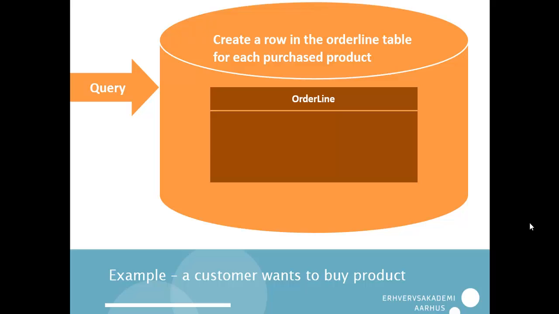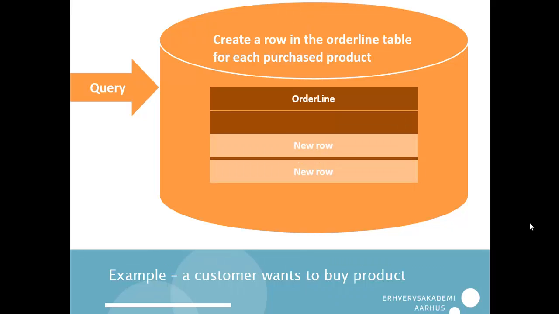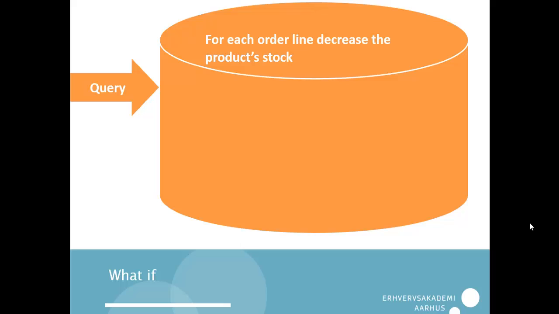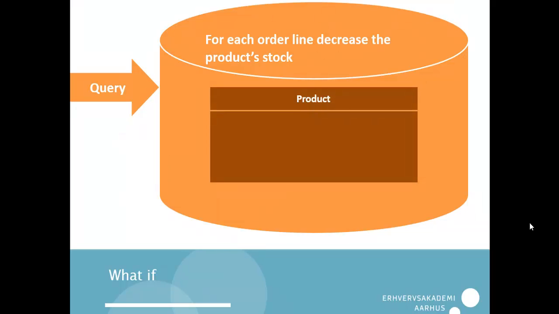So in the order line table we create two rows, and for each of these rows we want to decrease the number of items in the stock. That means if we have 5 computers before a customer comes and buys one, then we should decrease the product stock by 1, so now we have 4. So it shall reflect what we have in our warehouse.